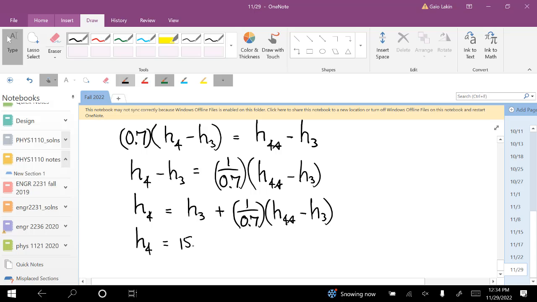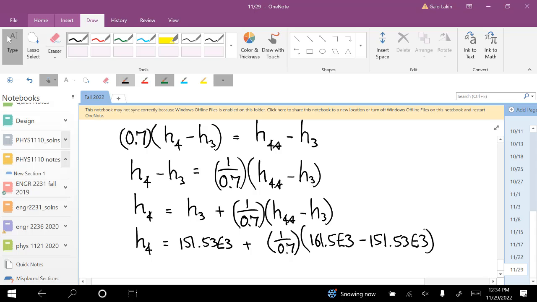So that's 151.53 times 10 to the third plus 1 over 0.7 times the quantity 161.5 times 10 to the third minus 151.53 times 10 to the third.